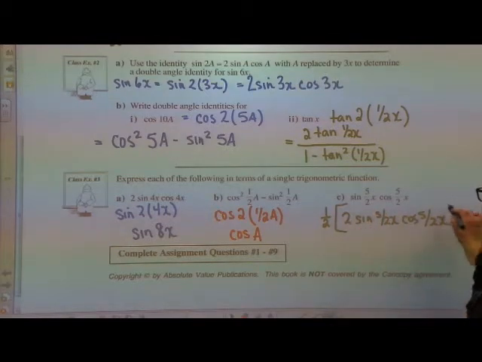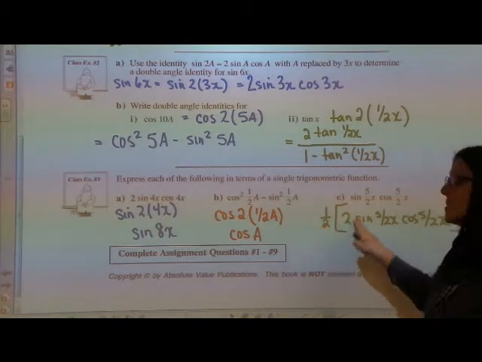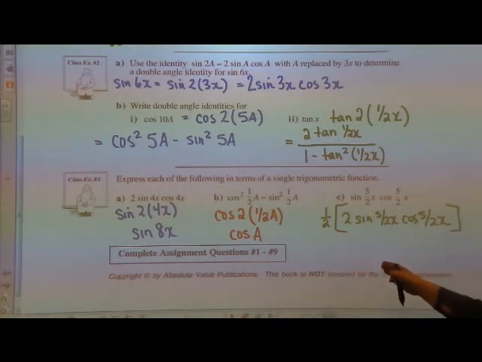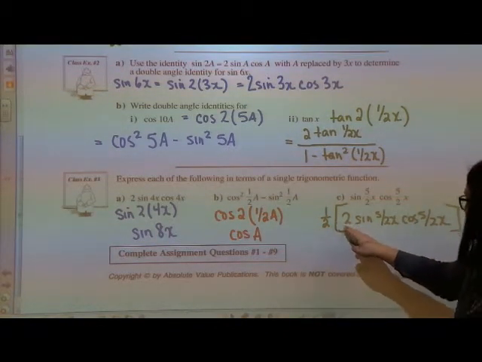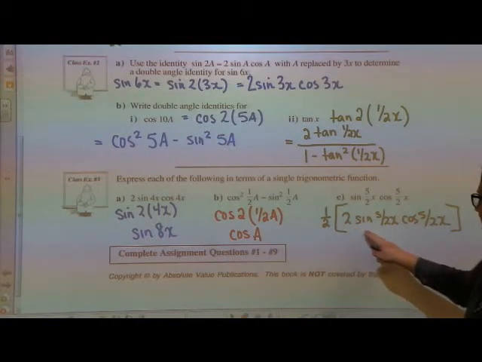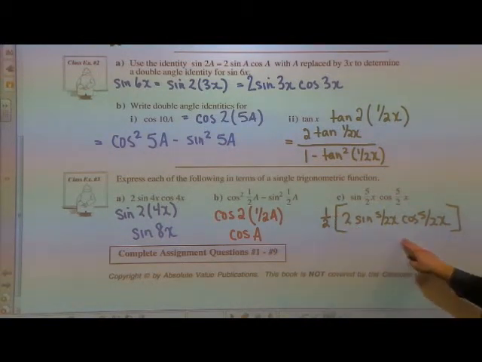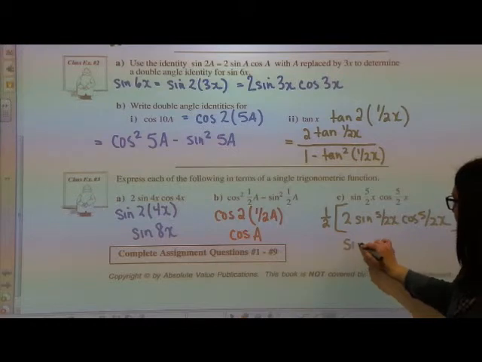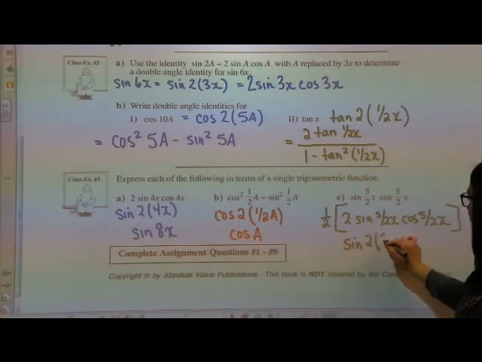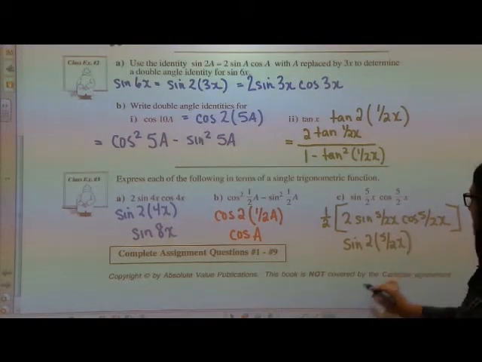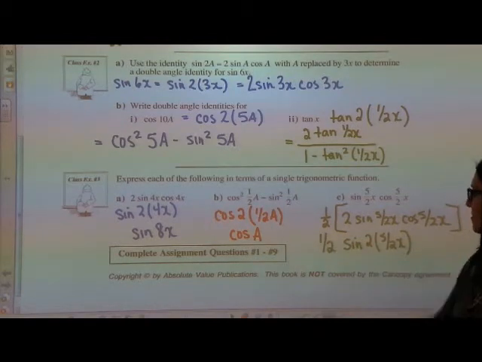So if I put it that way, can I now work from here? Because the 2 times 1/2 has not changed the value of the equation, but this inside my brackets now becomes sine 2a. So sine 2 times 5/2 x with the 1/2 still out in front.